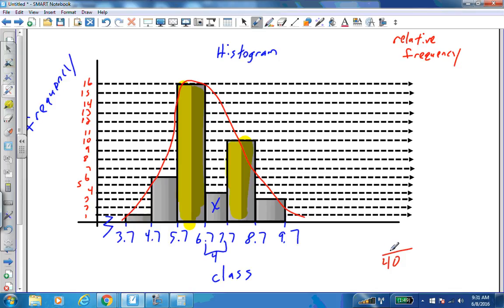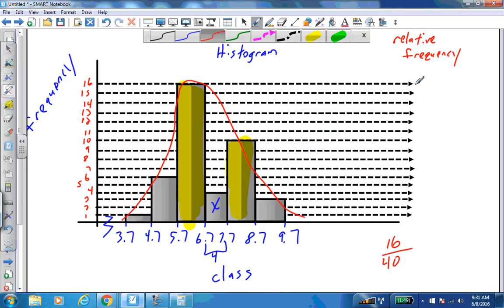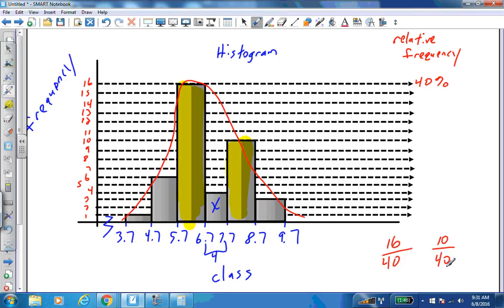It contains 16 values, 16 out of 40 values. So this largest one contains 40% of our data. This largest class contains 40% of our data. If we looked at this one, it contains 10 out of 40, that's 0.25 or 25% of our data.